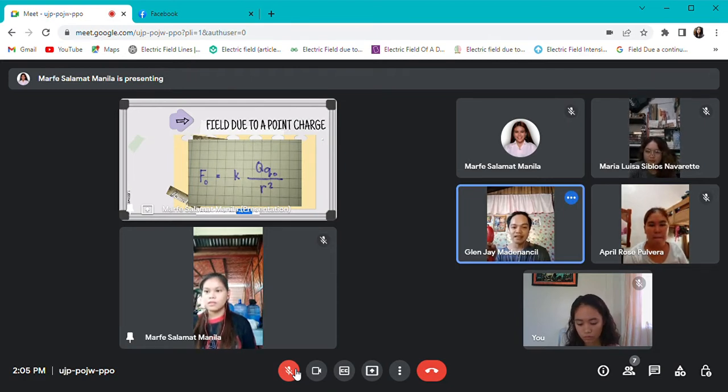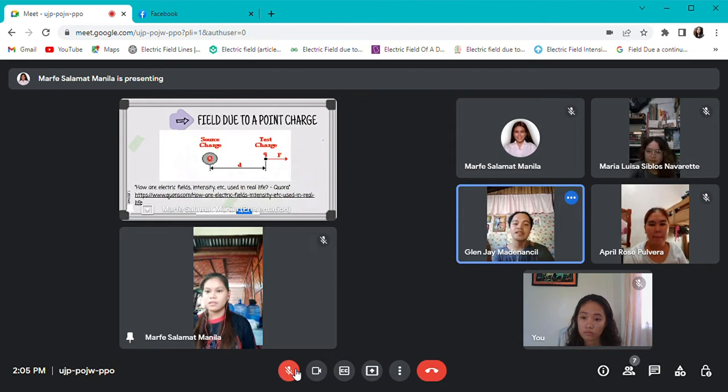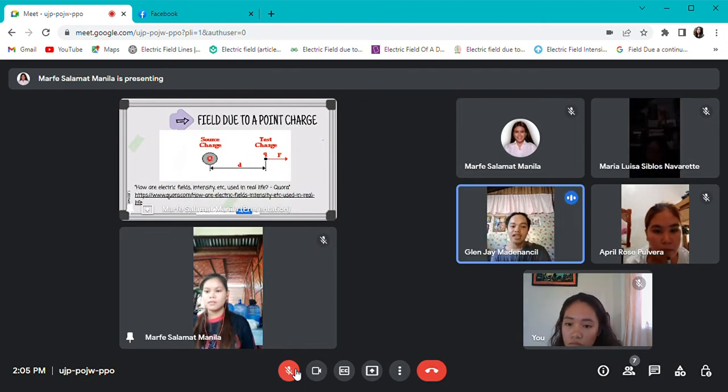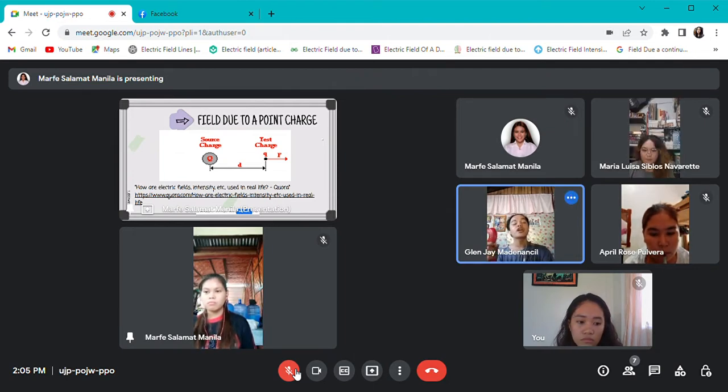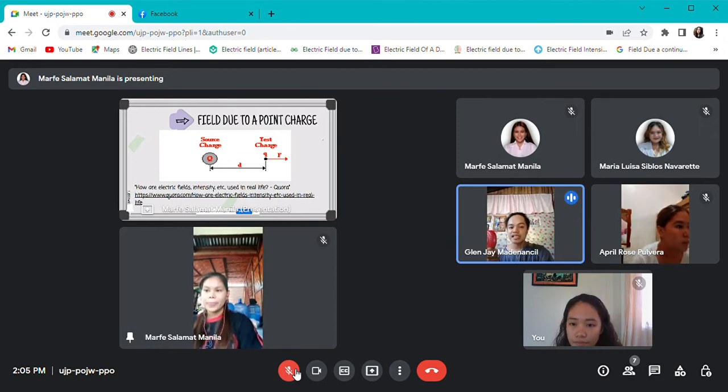So, field due to a point charge. Here we can see that there is a source, right? Then the point charge, or the test charge, is the small letter q. So currently, the test charge will experience a force coming from the source charge.